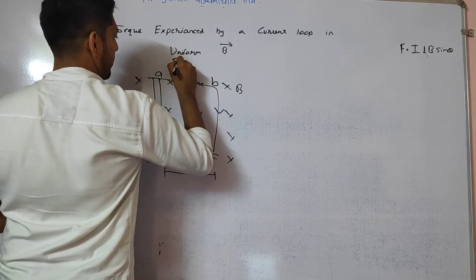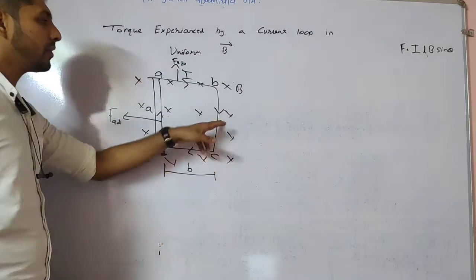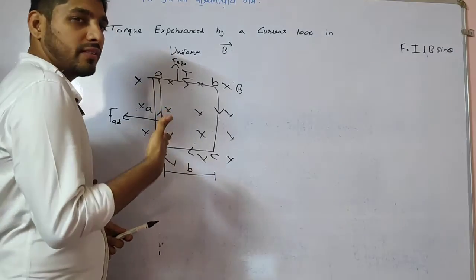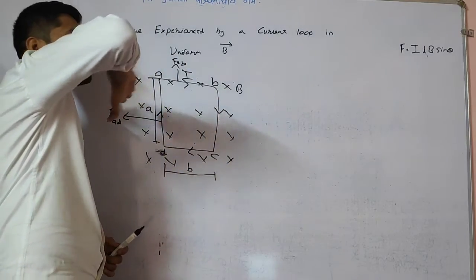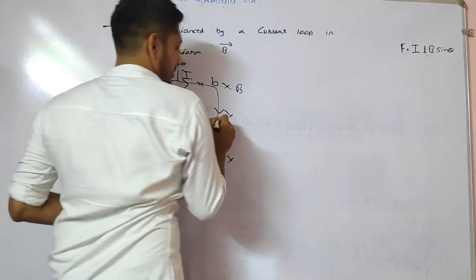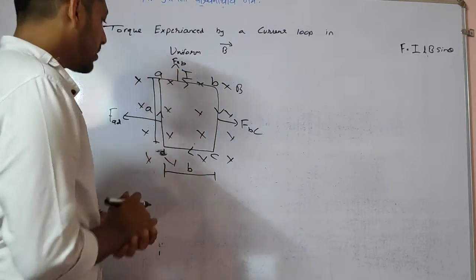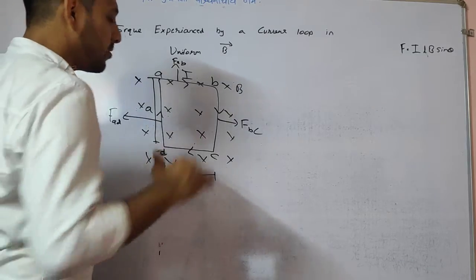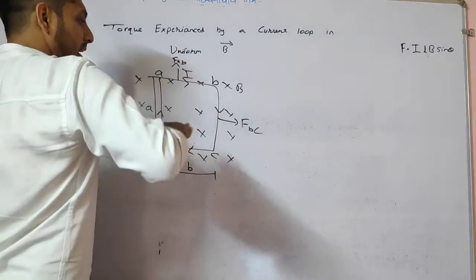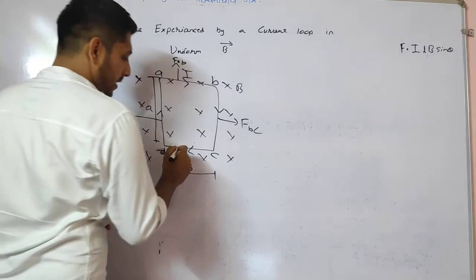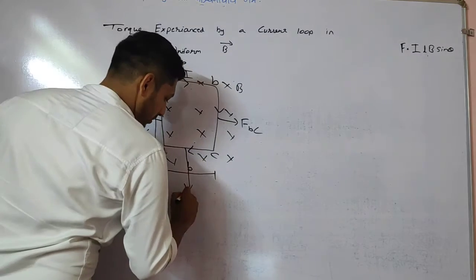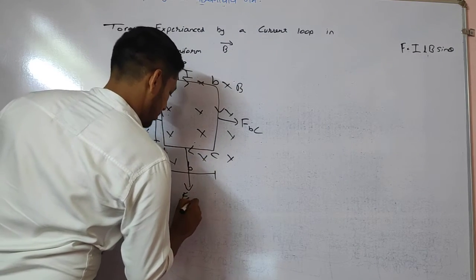So this is F AB. Here the current is in the downward direction, the force will be in this direction, so this will be F BC. Finally, here the magnetic field is going inside, the current is in the direction of the thumb, and the force will be in the downward direction. Let me name this F CD.